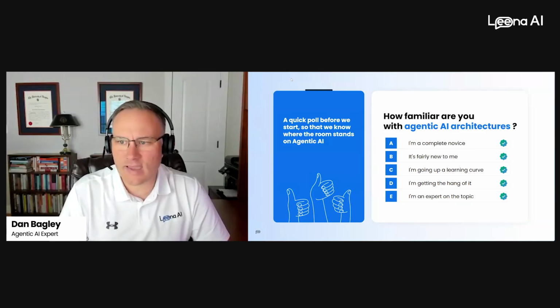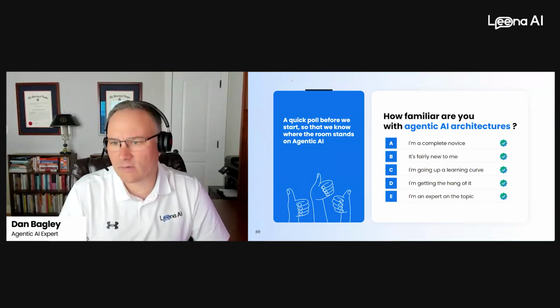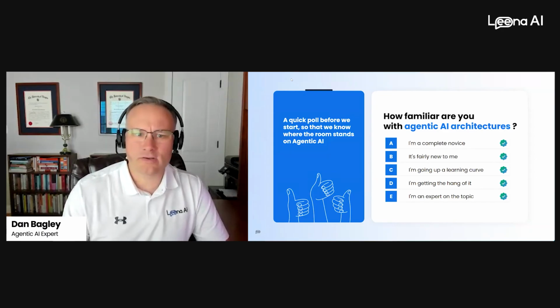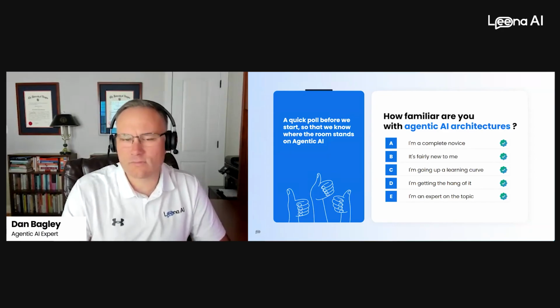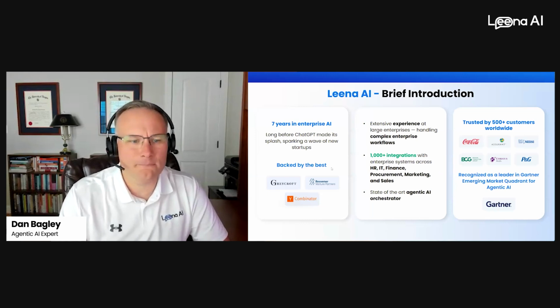But if you think about agentic AI architectures, particularly as they pertain to enterprise use cases, there are varying degrees of familiarity. And so I want to start that off so we can tailor some of our conversations. Looking at the real-time results from the poll coming in, it's a pretty even distribution, ranging from complete novices to people fairly further along the development curve.